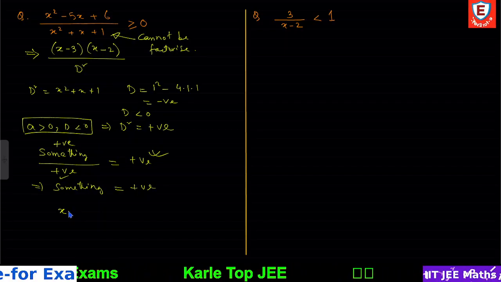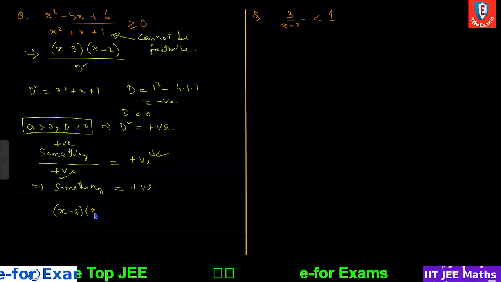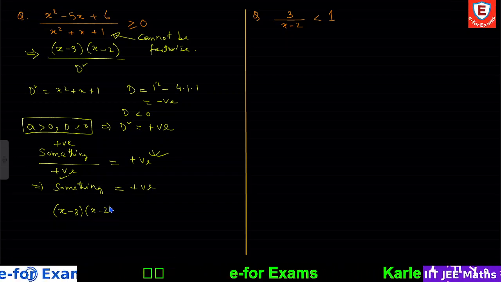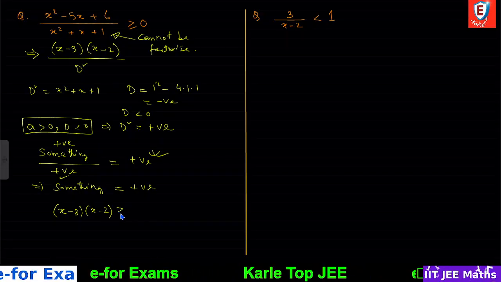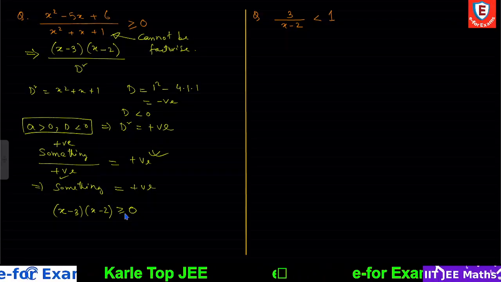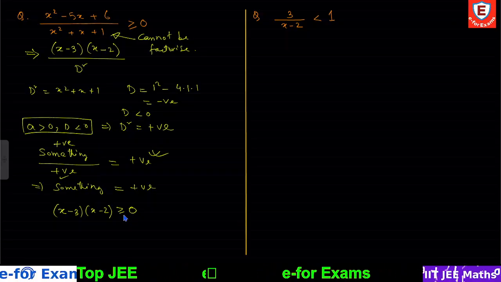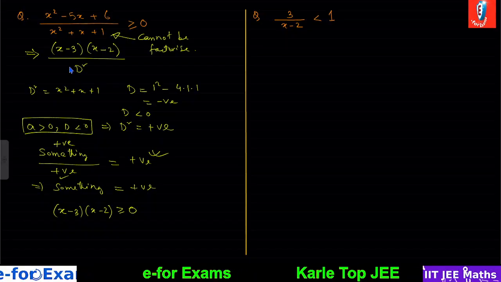So factorize: x minus 3, x minus 2, is greater than or equal to 0. This denominator is positive, right?